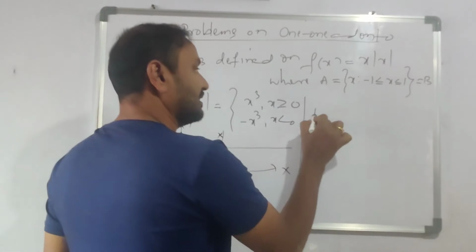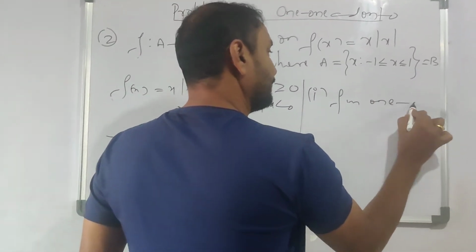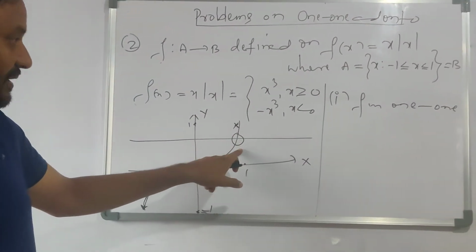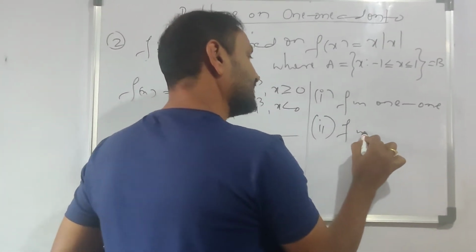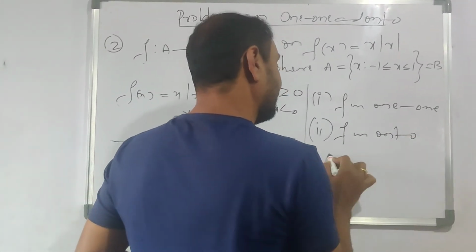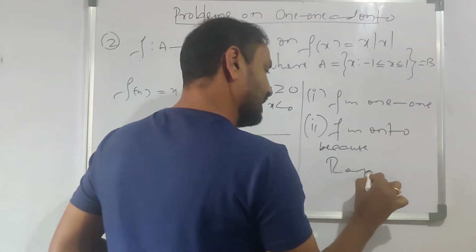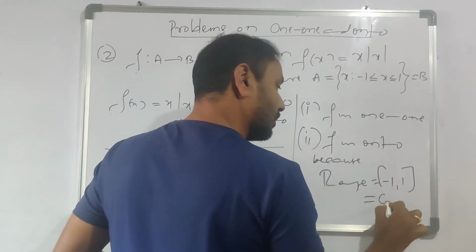So that's why, number 1: f is 1-1, since a line parallel to x-axis meets the graph at only one point. Number 2: here f is onto because the range is equal to minus 1 to plus 1. It is equal to codomain.